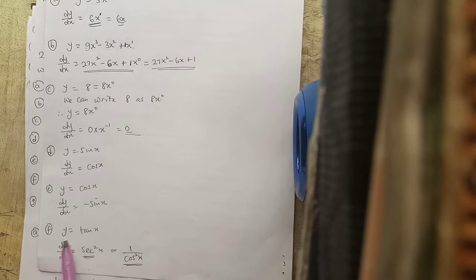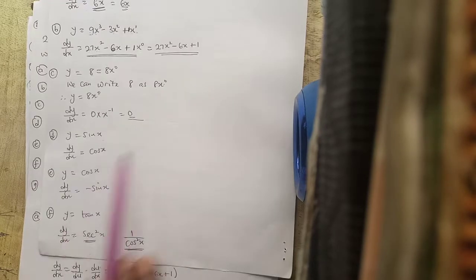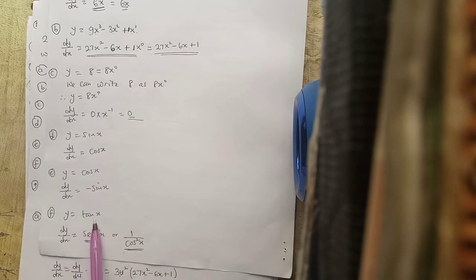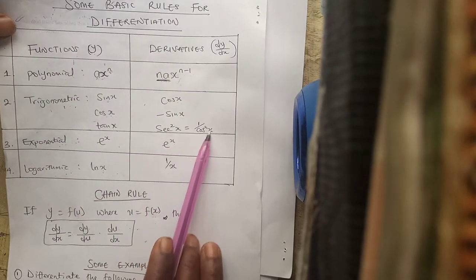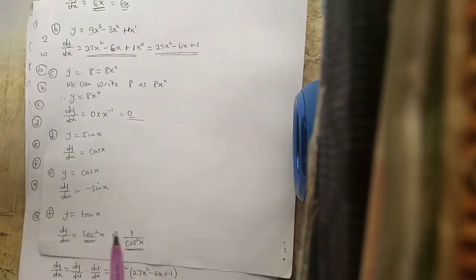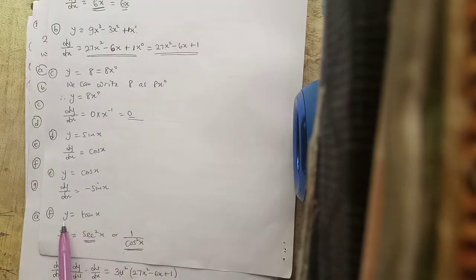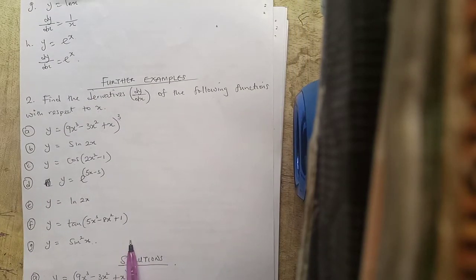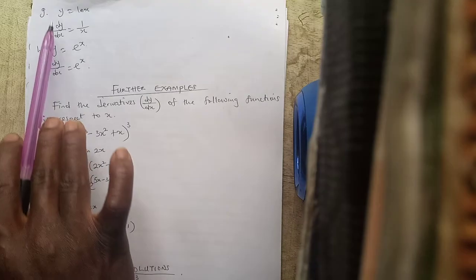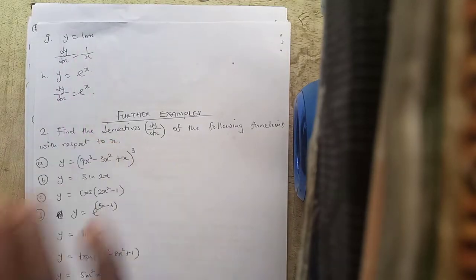So now also y equals tan x. The table tells us that whenever we differentiate tan x, we are going to have sec squared x, or 1 over cos squared x. They mean the same thing. So now we have y equals ln x.